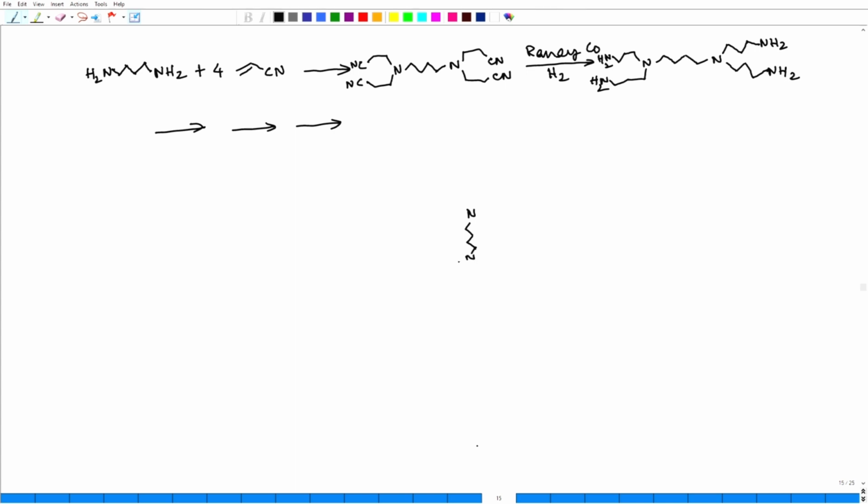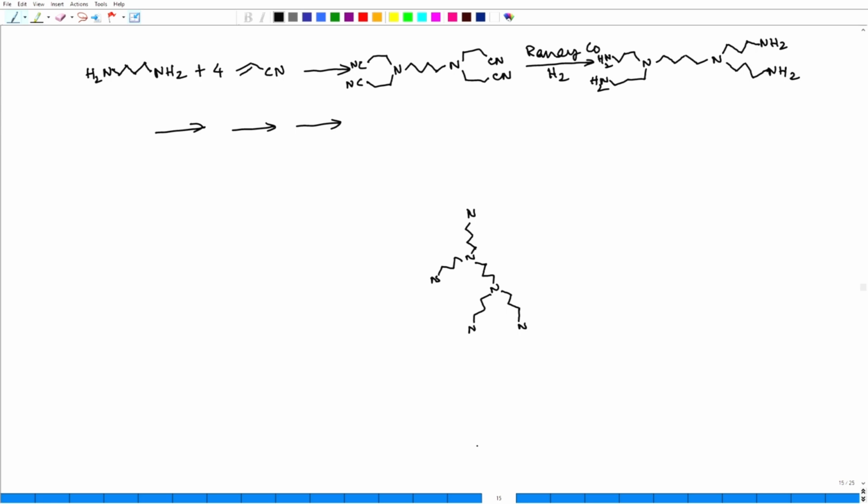Then you have 1, 2, 3 nitrogen. Then you have 1, 2, 3 nitrogen.